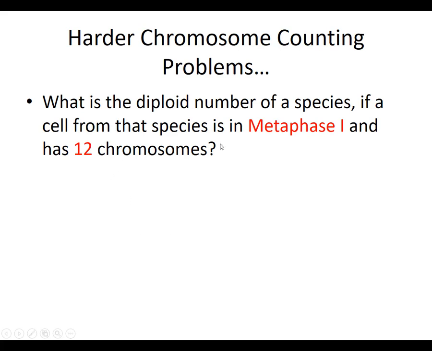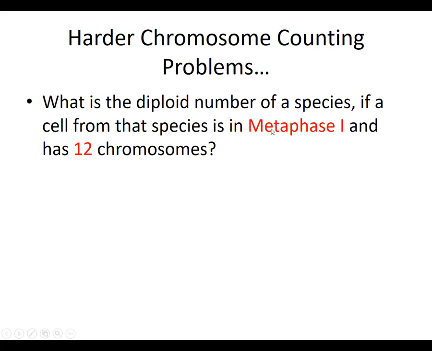Okay, so here are the way some of these questions will appear to you on lab quizzes and lecture exams and such, on the homework. It starts off with, what's the diploid number of a species if you observe a cell from that species in metaphase 1 and it has 12 chromosomes?